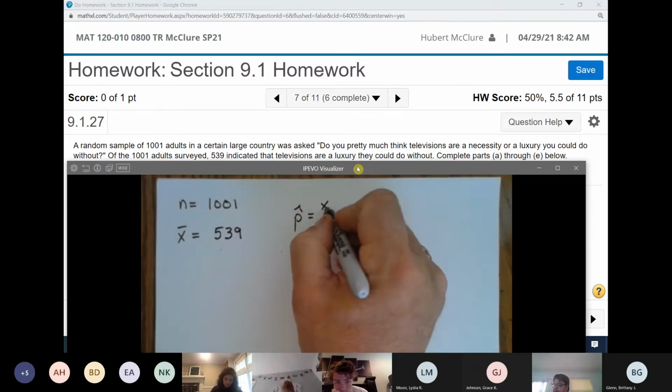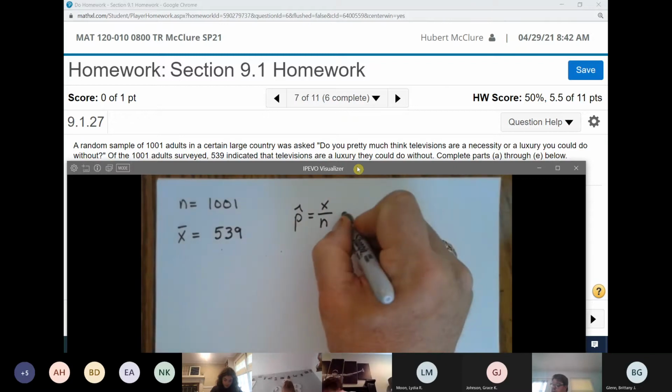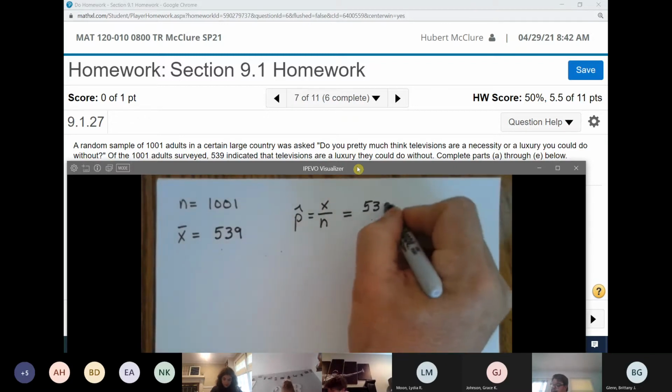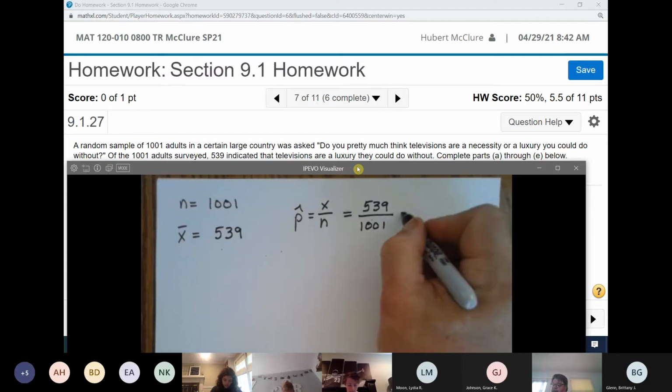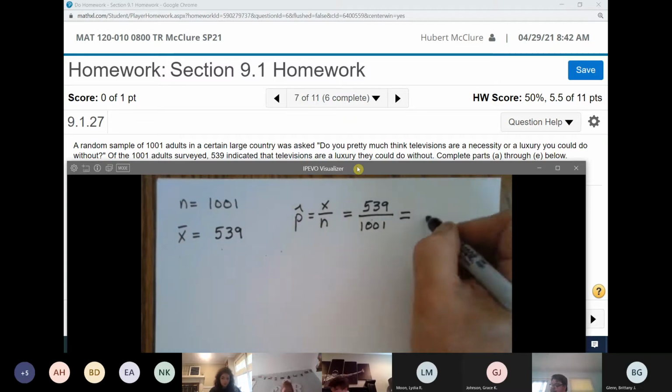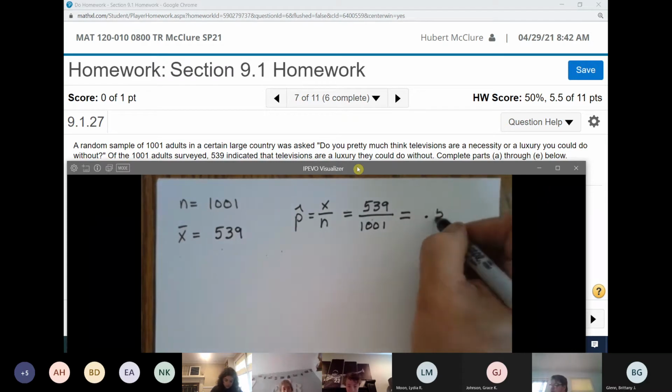The only thing we can do at this point is find P hat, which is X over N, which is 539 over 1001. Somebody give me 2 decimal points, please. 0.54.